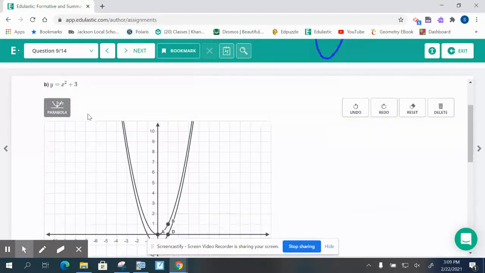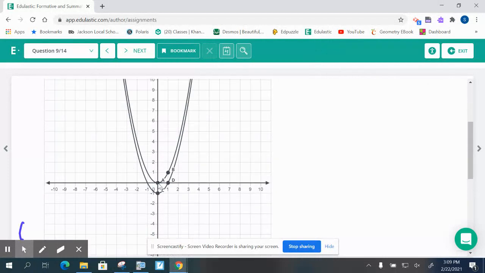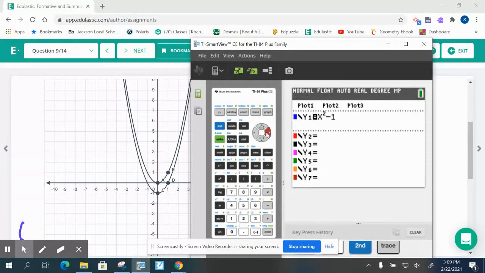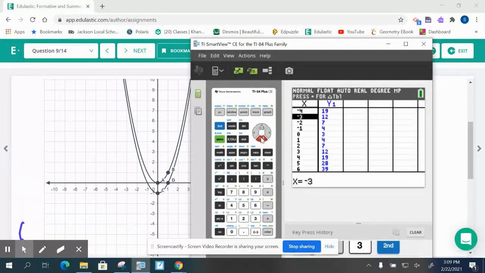Part C, you're adding 3. So literally you just need to take all of these points here and move them up 3. So I'm going to replace -1 with +3. And then you can see that the vertex is at 0, 3. And then if I go over 1 from the vertex, I'm at 4.